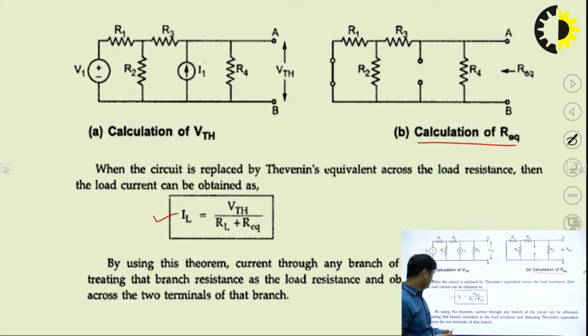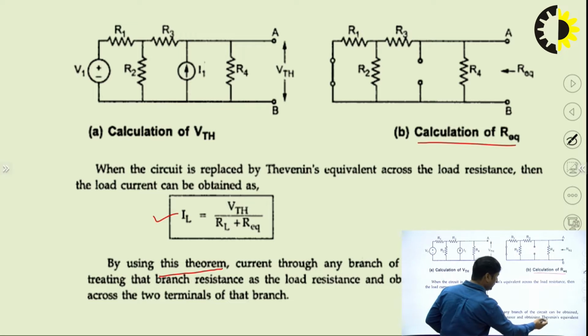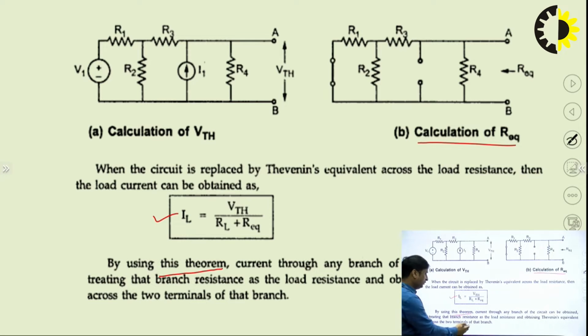So with the help of this theorem, the current through any branch of the circuit can be obtained, treating that branch as a load resistance. If we have to find the current in any branch, we can treat it as a load resistance, and then we just remove that branch and obtain the Thevenin equivalent across the two terminals of the branch.